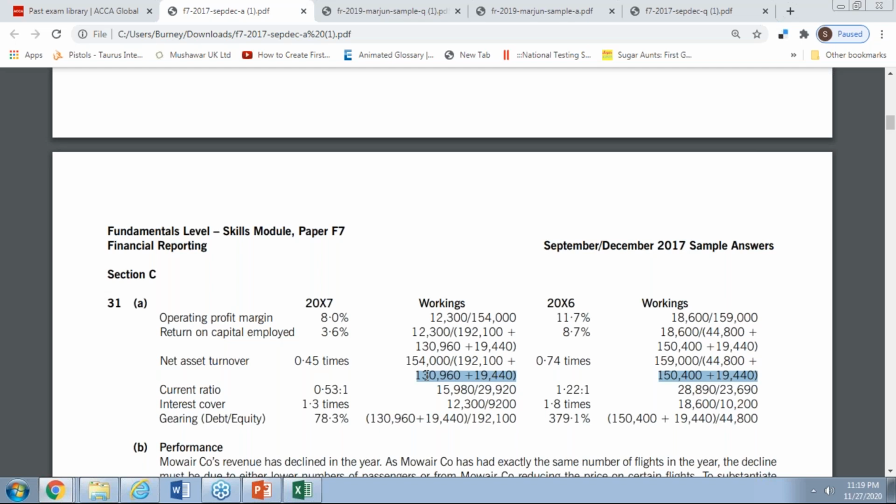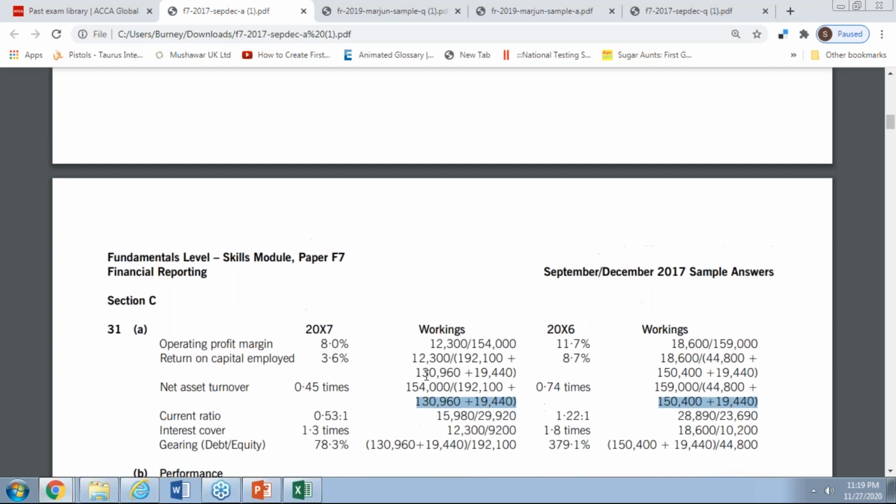Okay. But the first line that you should start with, always start with the revenue. So first you have to write that the revenue of the business has declined over the period from 159,000 to 154,000 over the year. And as the scenario says that the flight schedule remains the same, why is it decreasing?